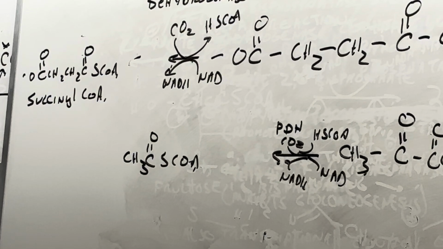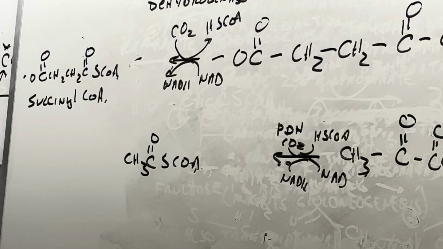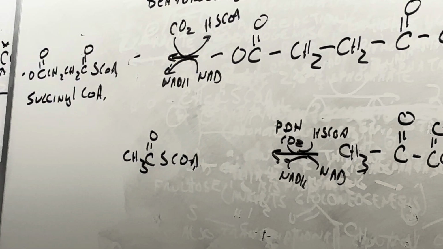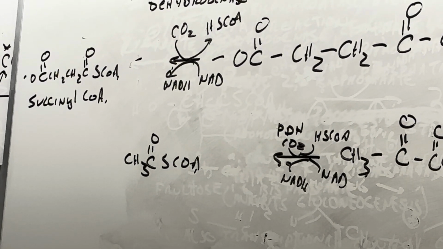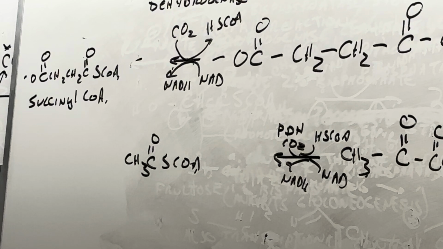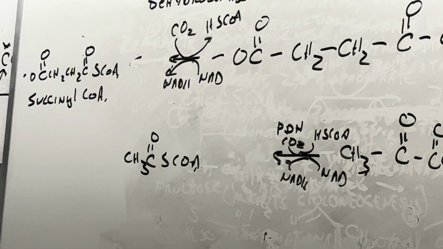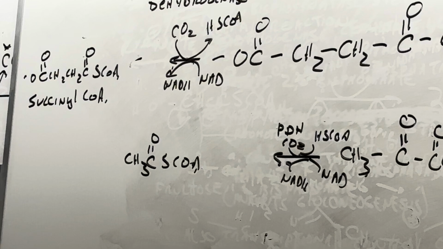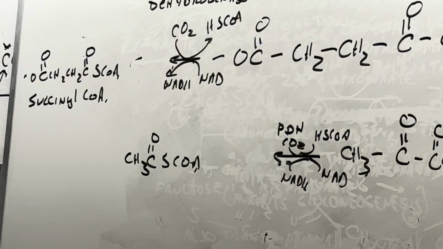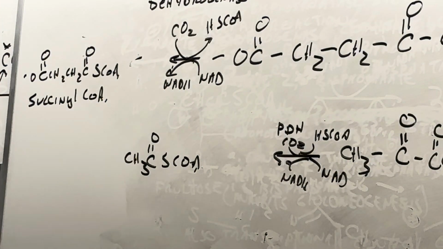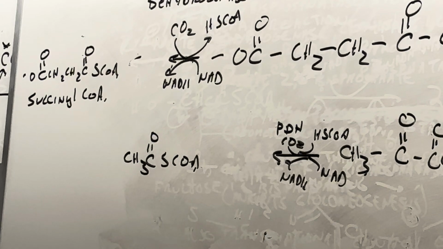We can bring in coenzyme A, get rid of carbon dioxide, and take NAD and make NADH plus H plus, and we're going to generate succinyl-CoA.